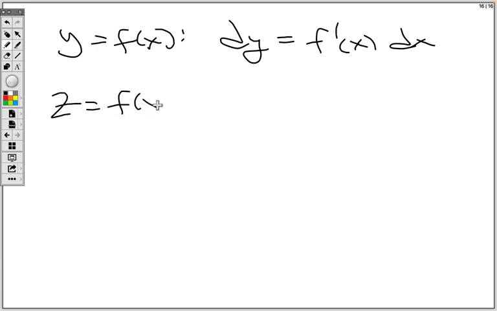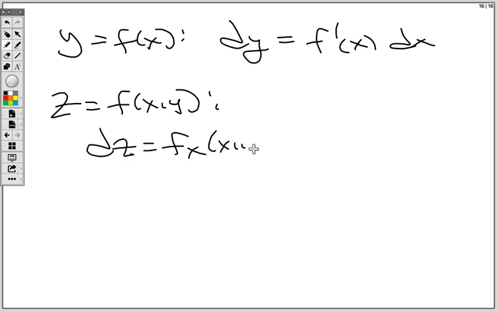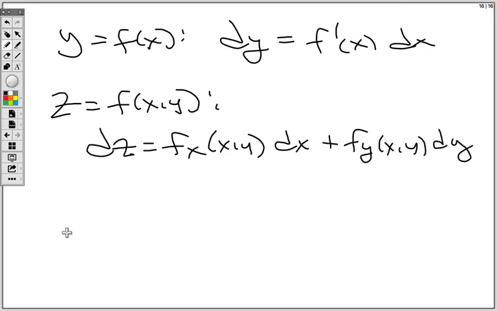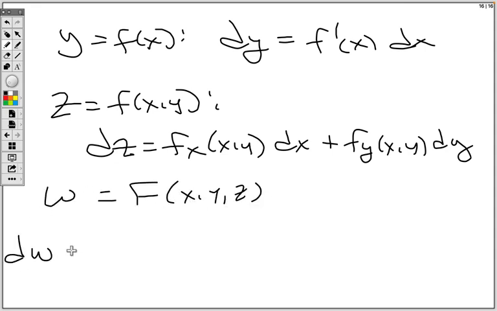If z is a function of x and y, dz is fx at x, y dx plus fy at x, y dy. So if w is a function of x, y, and z, what's been the mantra for a lot of what we've done here?